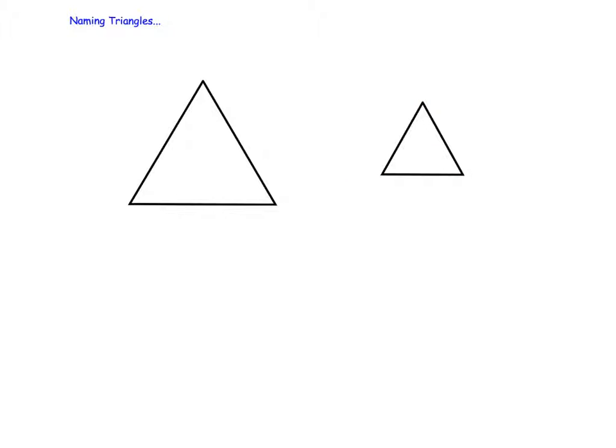So because A came first in the first triangle, D will have to come first when I write down that vertex there. And then B came second, and B and E are the corresponding vertices, and so I'm going to have to write E second and then F. So the order that these are written is very important because they're giving you a clue about which corners go with the other shape's corners.